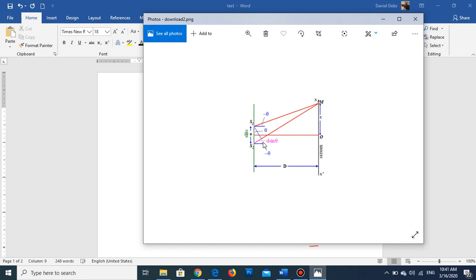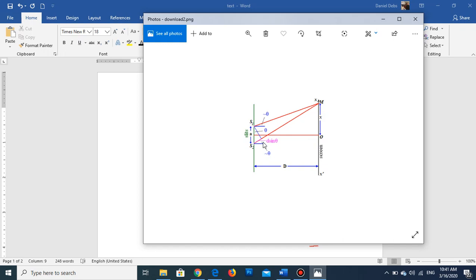Going back to point M, the optical path difference at M, delta M, is equal to SS2 plus S2M minus SS1 plus S1M, which is equal also to SS2 minus SS1 plus S2M minus S1M. Now, listen please.